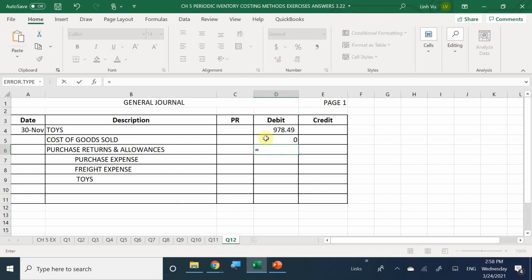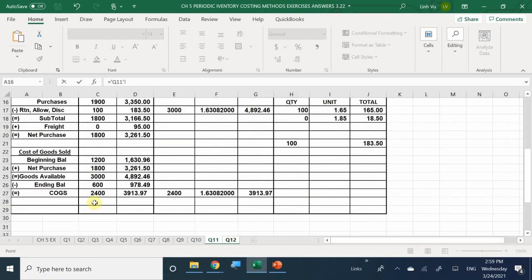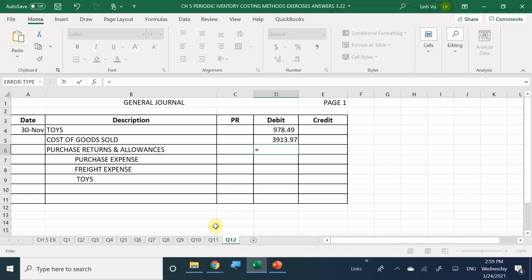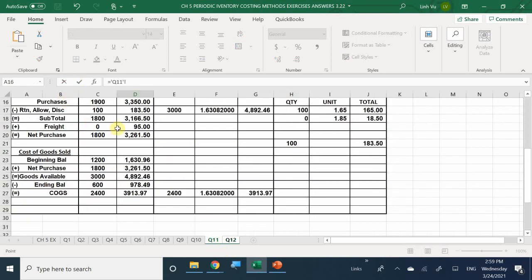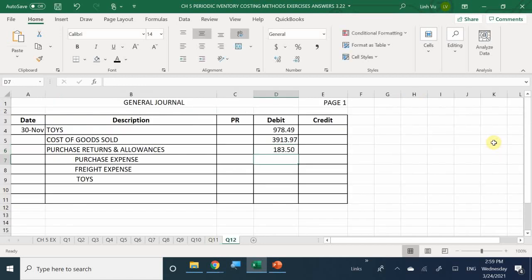Oh, I think I selected the wrong one. Give me a second real quick. Let me fix this. I'm going to select this number here. And what was my total purchase returns and allowances? $183.50.